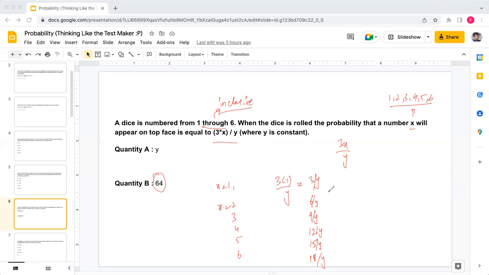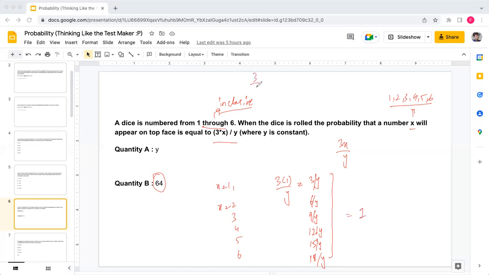Now the next thing is, you must know that the sum of all the probabilities must equal 1. There are only 6 options available, and the sum of all these 6 must equal 1, right?